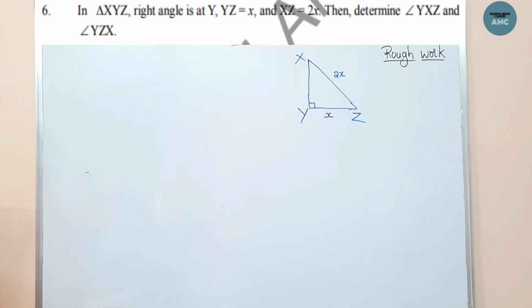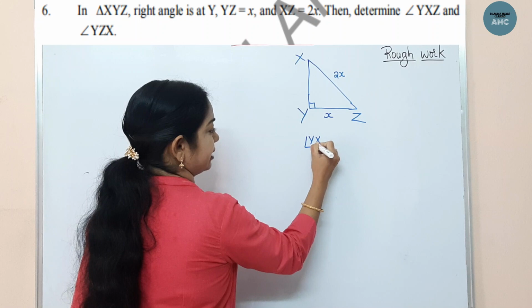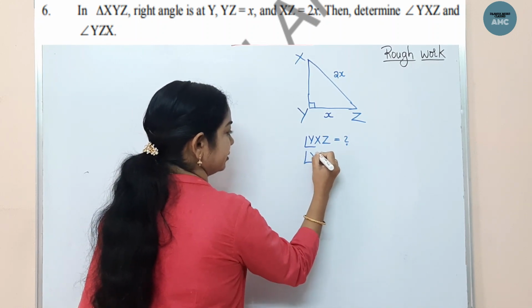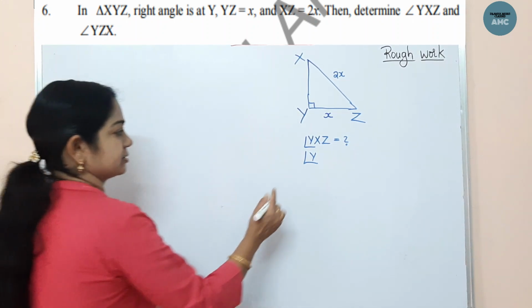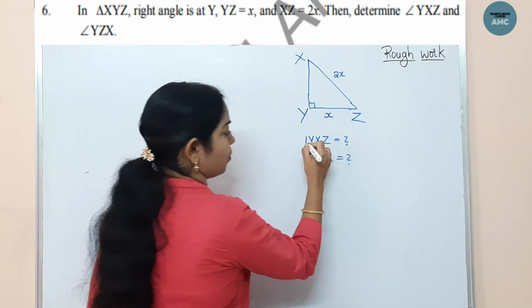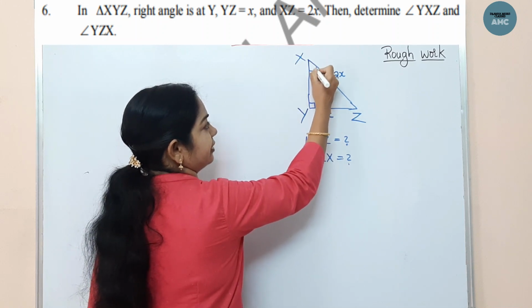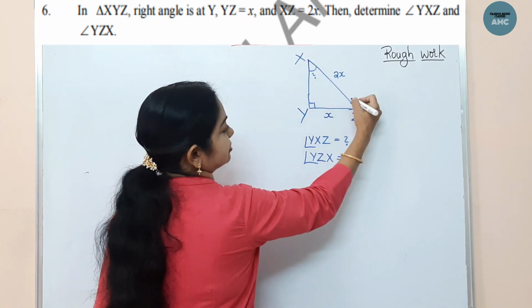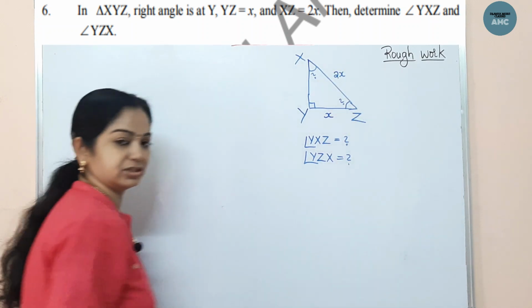What we have to find? Angle YXZ we have to find, and also angle YZX. So these two angles we need to find.